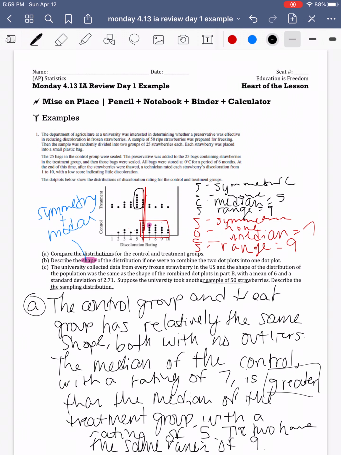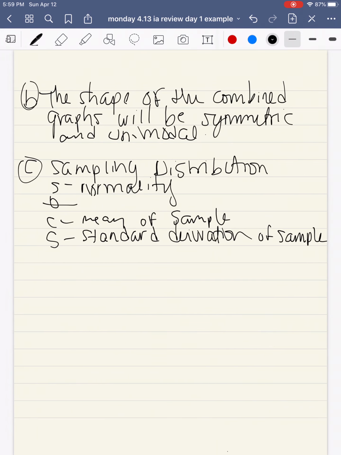Since we're looking at ratings here, this isn't really a percentage or anything like that. So this is going to be a sample mean. So for a sample mean, I'm just going to use the mean that they gave me. The mean of the sample is equal to the mean of the population. So we can say that the sample mean is equal to 6.